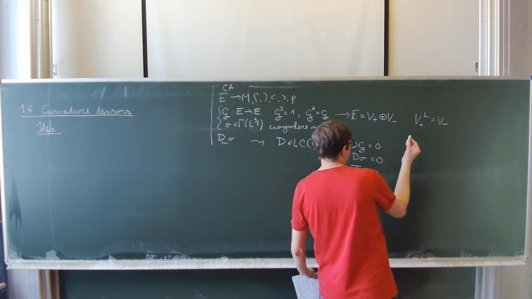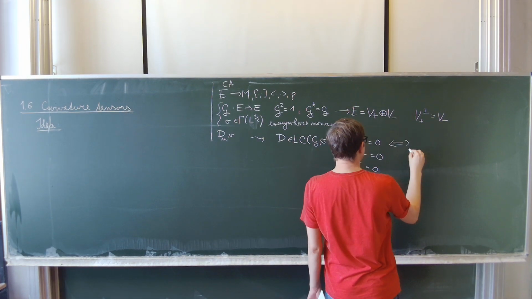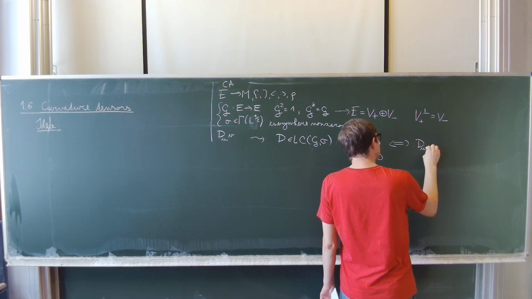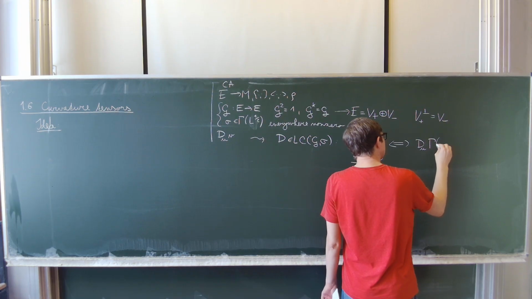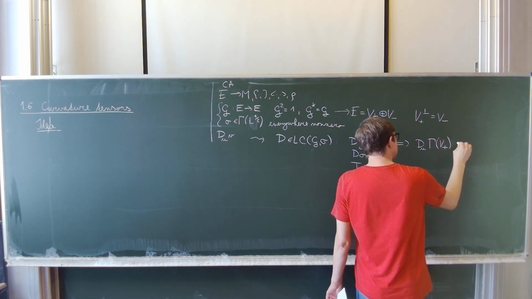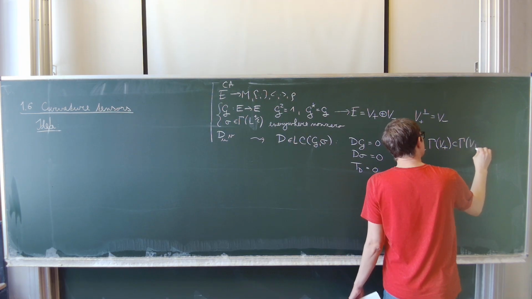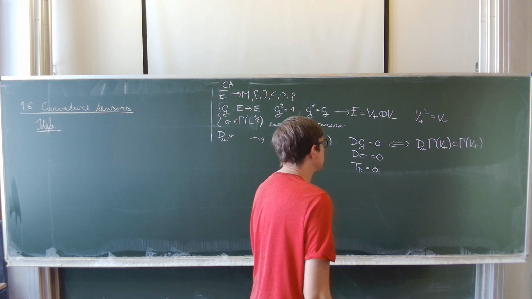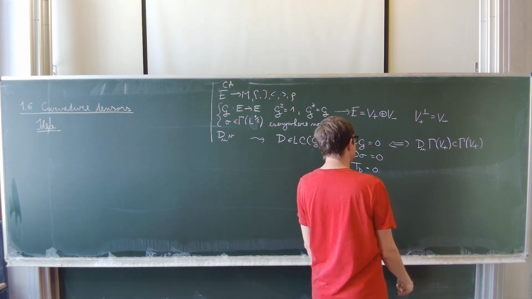One remark that we had was that the equivalent characterization is that if you take the covariant derivative of any section of V plus, then this preserves the space of sections of V plus.